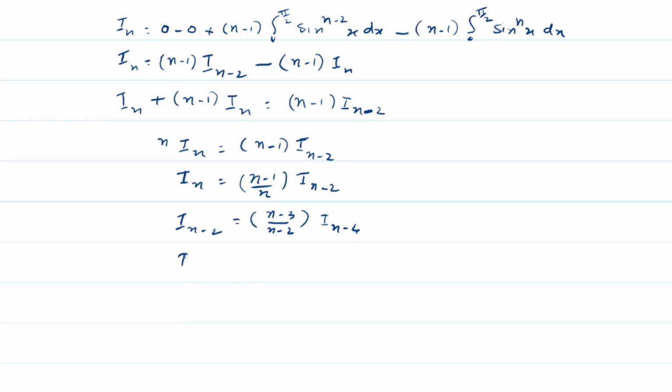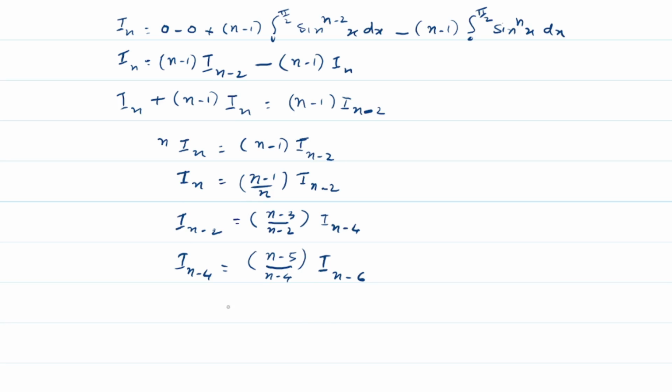Like this we will get I_{n-4}. In I_{n-4}, n means n-1, so 1 less, that is n-5. Here 2, n means n, so n-4 means n-4. N means n-2. So here n-4 minus 2, I_{n-6}.